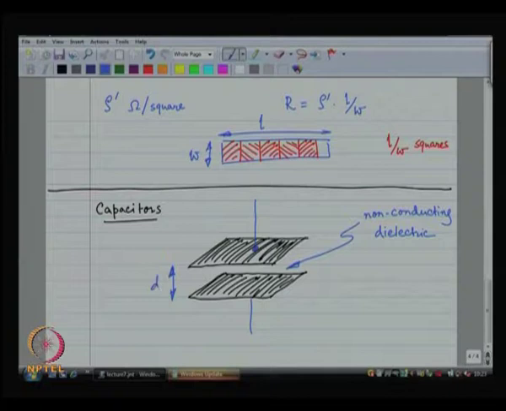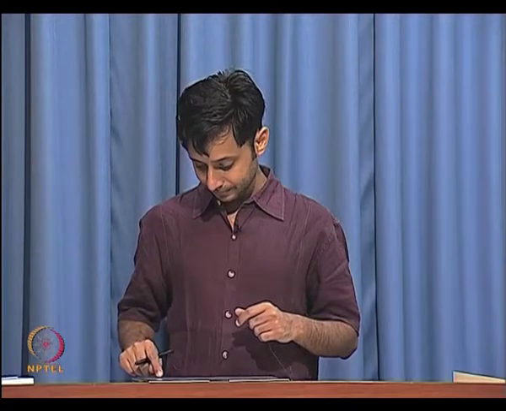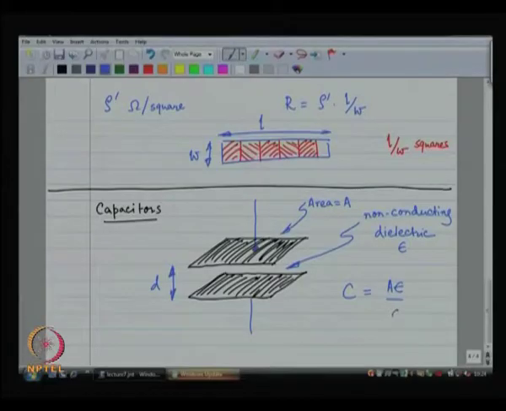This is your high school physics. Yes, okay. C is equal to A times epsilon divided by d.